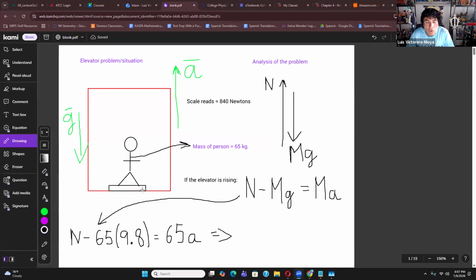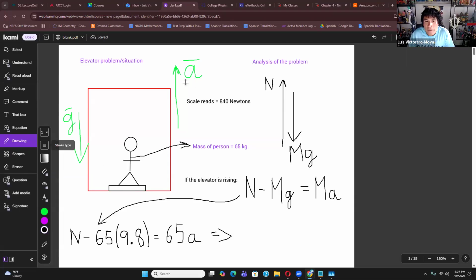If the person was on the ground, the scale will read the normal force, which is the same as the weight, for a person who is not moving, just standing on top of a scale. The scale always reads the normal force, and the normal force equals mg for a static case.